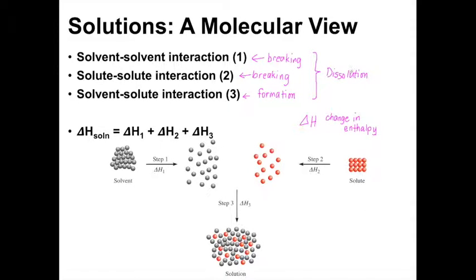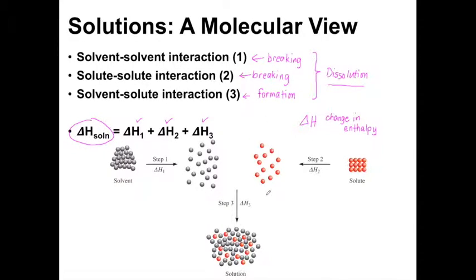So for the whole process, the formation of the solution, we have the change in enthalpy for the whole process, or the delta H solution. And for each step, we have corresponding delta H values. So in here, we see a diagram illustrating each step in the formation of the solution.